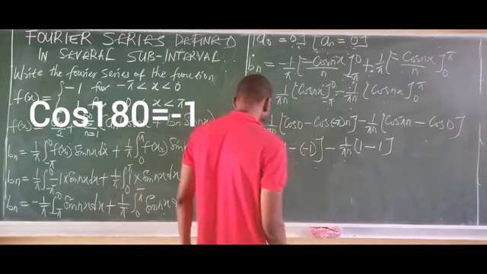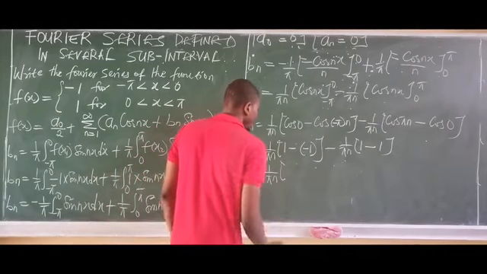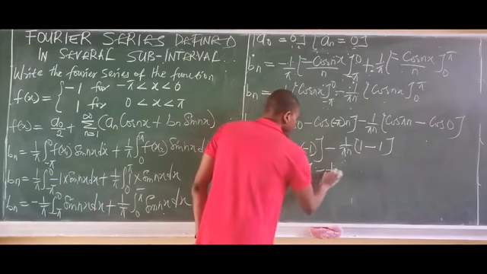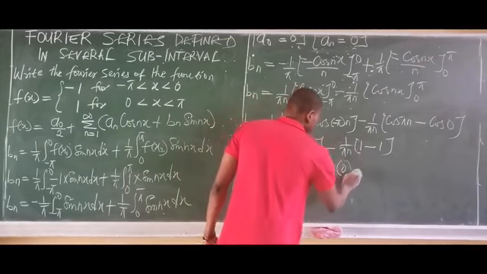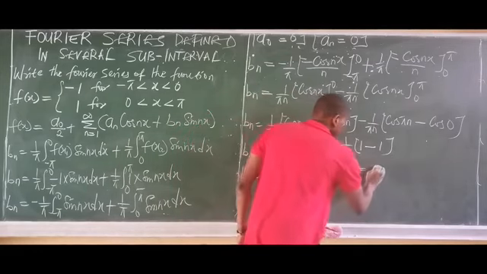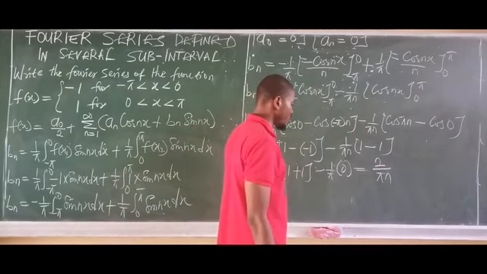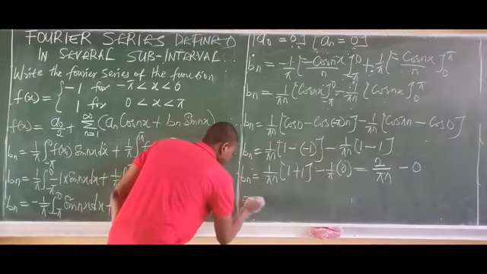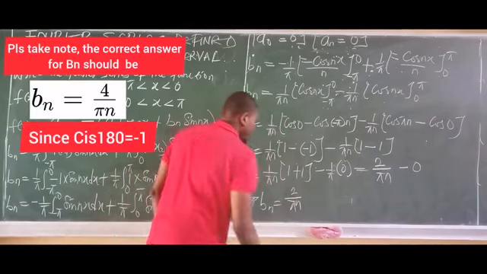So you have this. So bn is equal to 1 all over pi n into 1 minus minus, is plus, so this becomes 1 plus 1, minus 1 all over pi n into 1 minus 1 here is 0. So this is equal to 1 plus 1 here is 2. 2 times 1 all over pi n gives us 2 all over pi n. And of course, 1 over pi n times 0 is 0. That is minus 0. So this simply implies that bn is equal to 2 all over pi n.